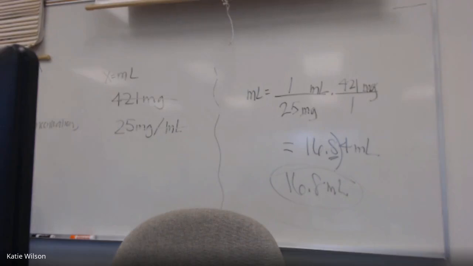So for instance, in example 3, number 1, the question asks about the number of milliliters to be removed from the vial for each administered dose. Therefore, the frequency of dosing, every 12 hours or 2 times a day, is how often we're going to give that dose, and is irrelevant in this case. It doesn't matter. We don't need to know that information at this point.